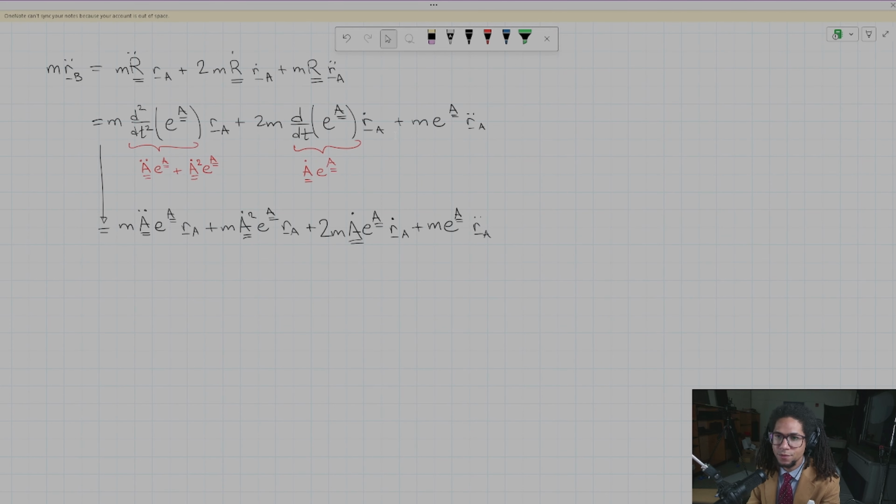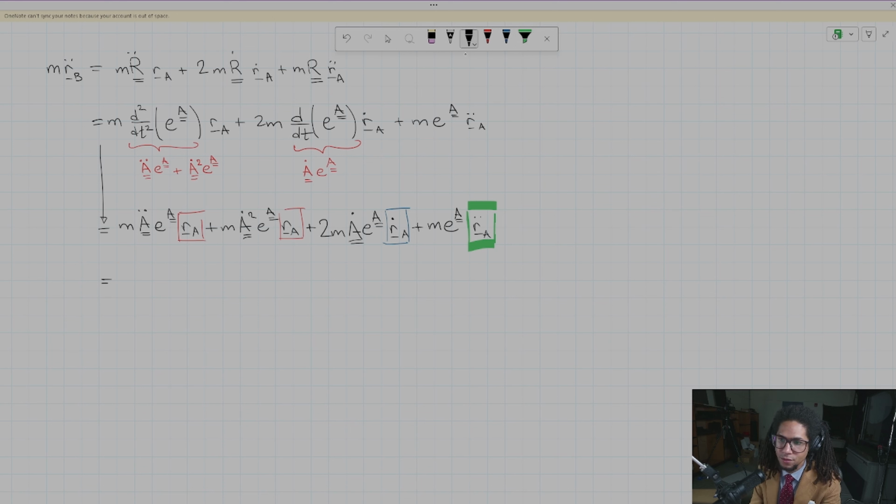Okay. Now we can group all the terms that involve the same order of derivative of r_a. So we have these two terms that depend on the 0th derivative. This term depends on the first derivative, and this term depends on the second derivative.